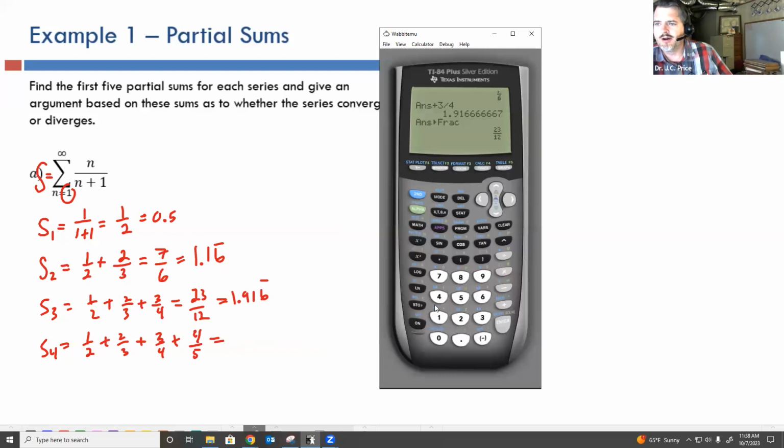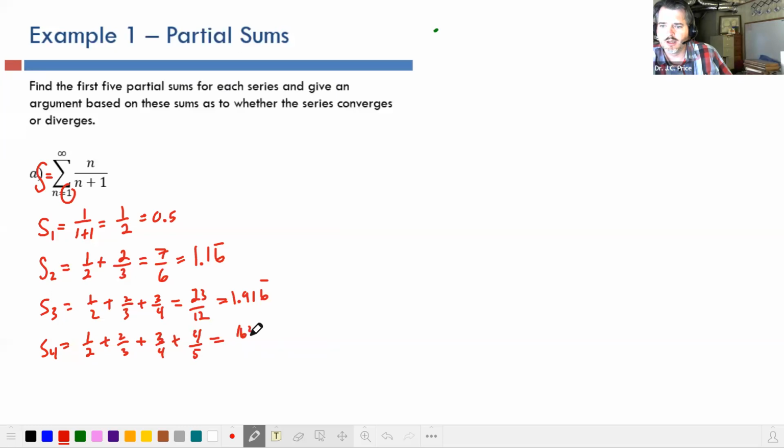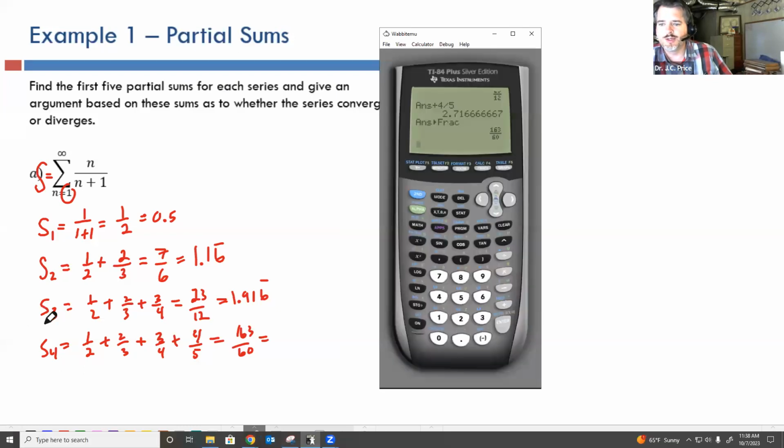I can just add 4/5 to this, and I get 2.716 blah blah repeating, which again I can math frac. I get this number right here, which is equal to 163/60.